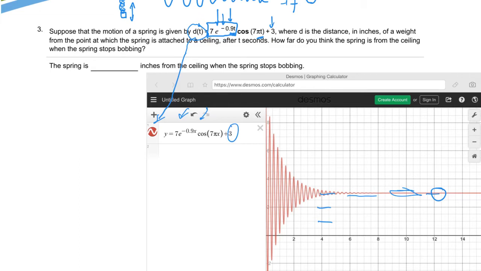And I guess what I could deduce from that is if I take this stuff out front, that's the bounce, the amplitude of the graph, and if it shrinks down to 0, then 0 times anything would be 0, and 0 plus 3 comes out to be 3. So that makes my graph make a little bit of sense.